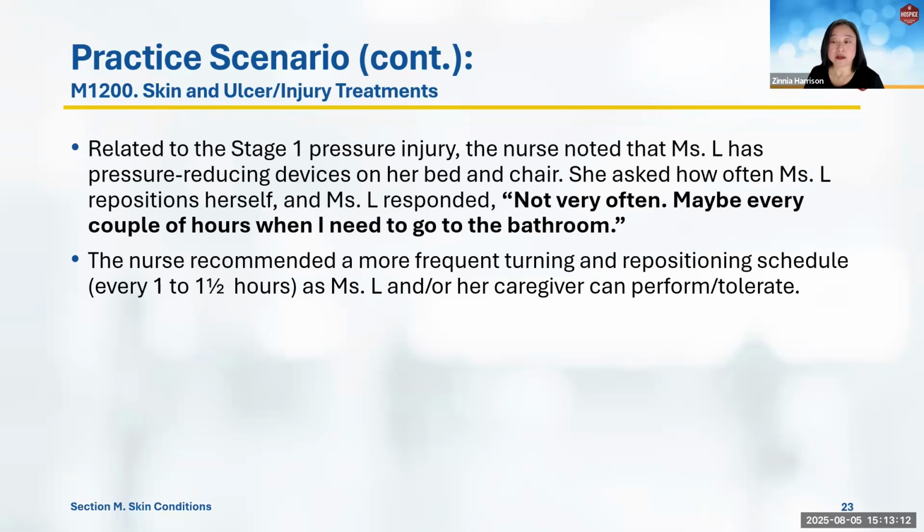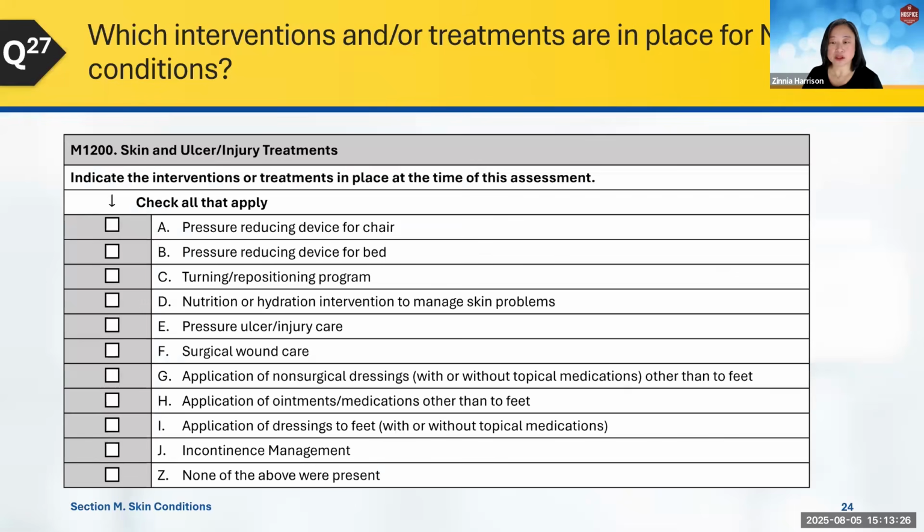The nurse recommended a schedule of more frequent turning and repositioning, like every 1 to 1.5 hours, as Ms. L or her caregiver can tolerate. So let's launch the poll. Now, based on what you just heard, which interventions or treatments should be checked in skin and ulcer injury treatments?